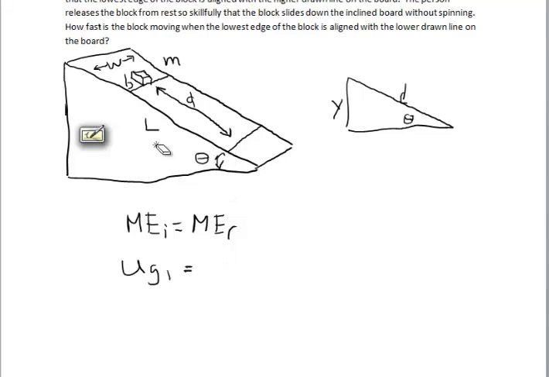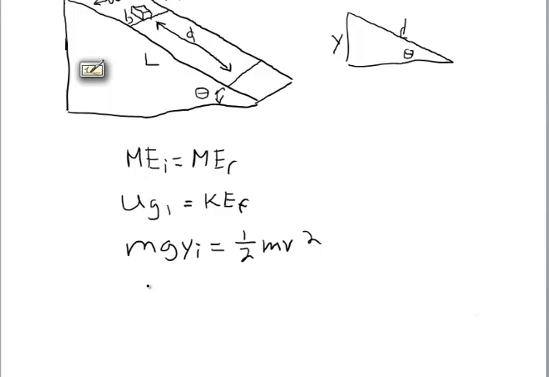That's the lowest. We're going to call this the reference point, so this is 0. So this will have no gravitational potential, only kinetic. So it'll just be KE final. So it's going to be MGY sub I. And this is 1/2 MV squared.